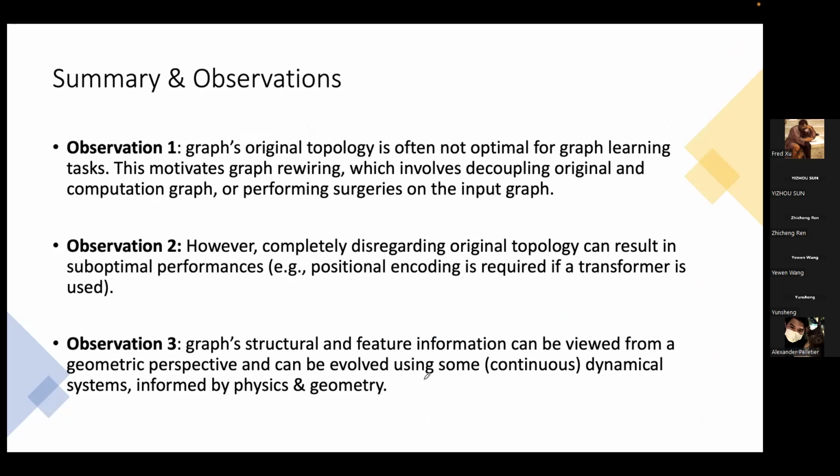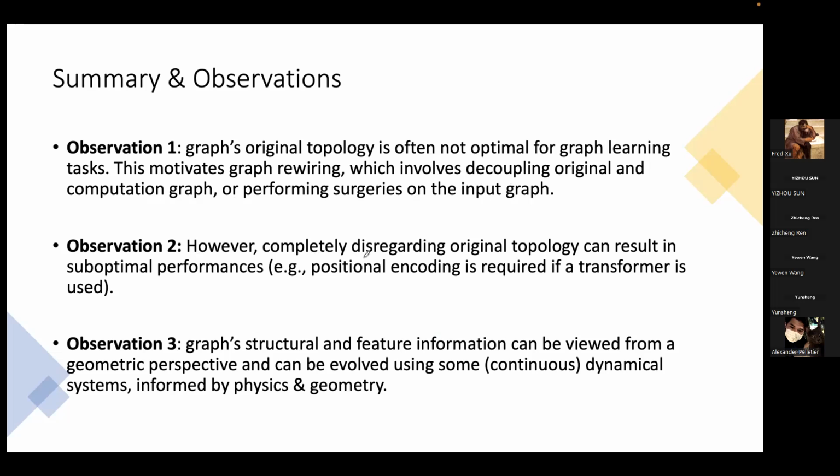So here I just want to summarize what I went through with 3 observations. First observation would be the motivation for graph rewiring. It's basically saying that your original graph topology is often not optimal, so you do some rewiring, which either involves decoupling the computation graph from the original graph or doing some surgeries.